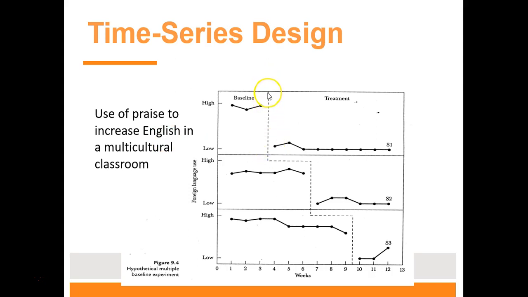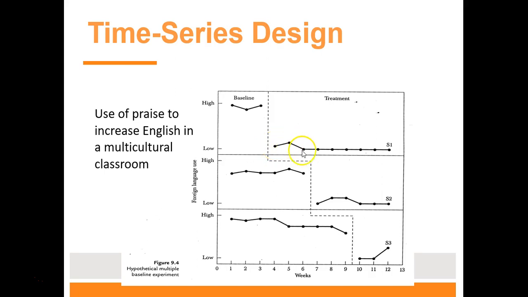This intervention for the first student happened right after week 3. As soon as the intervention was implemented, you can see at week 4, we already have a decrease in foreign language use.